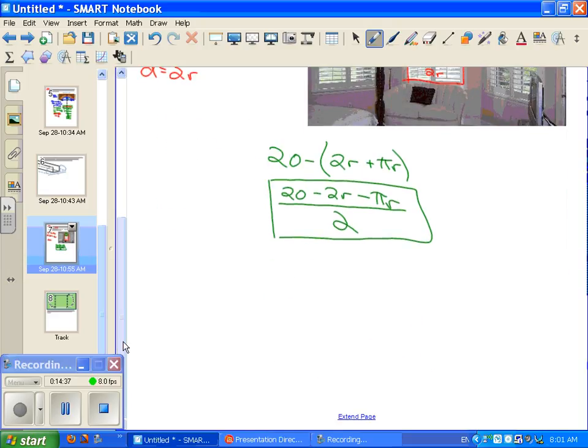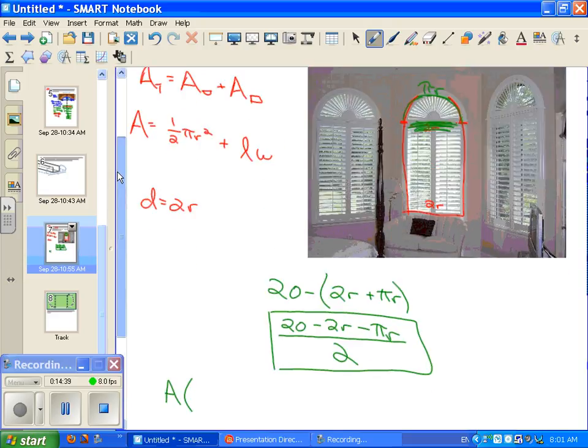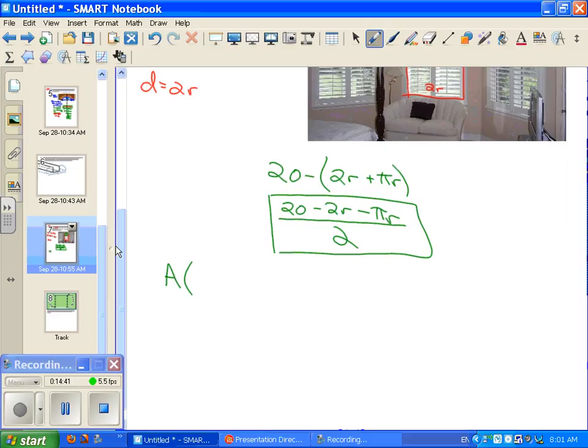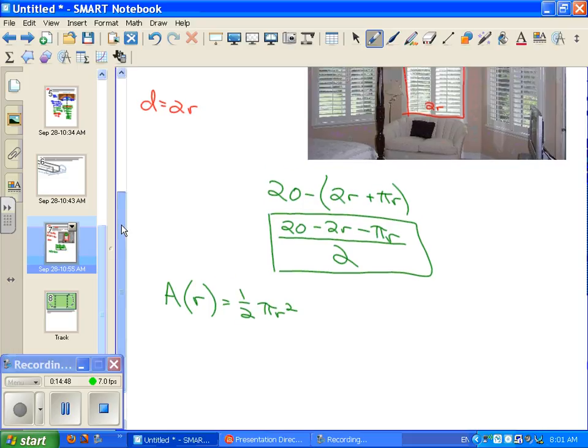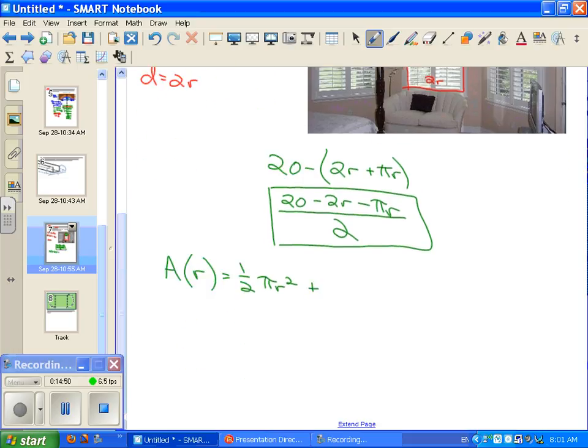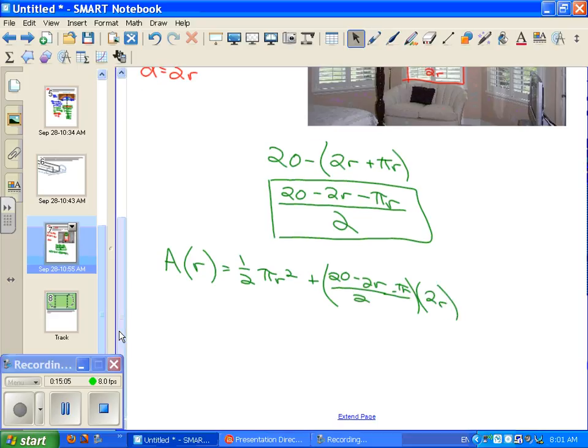So my area with only r's in it is 1/2 pi r squared plus length times my width. Now some good things happen here.